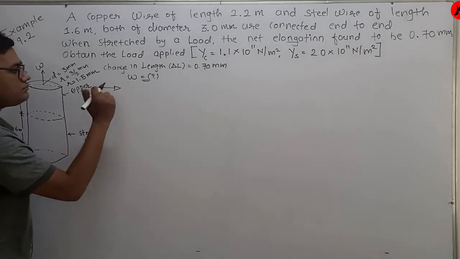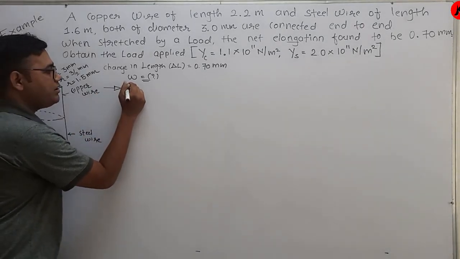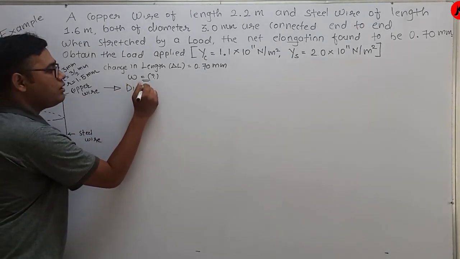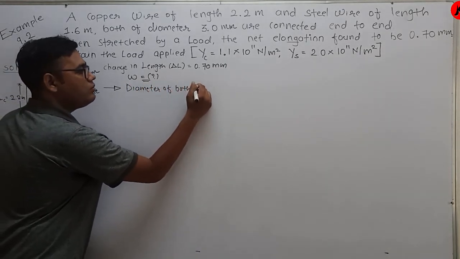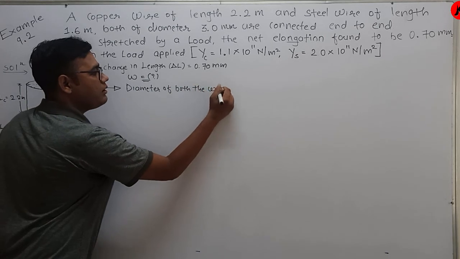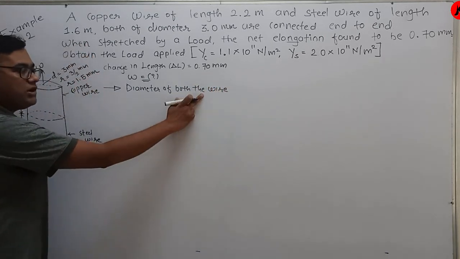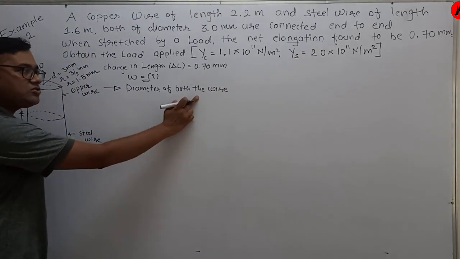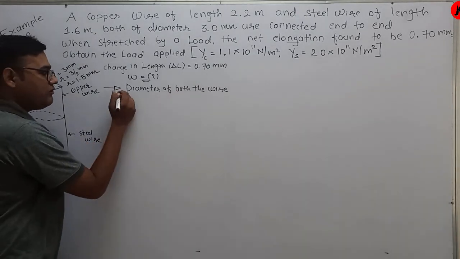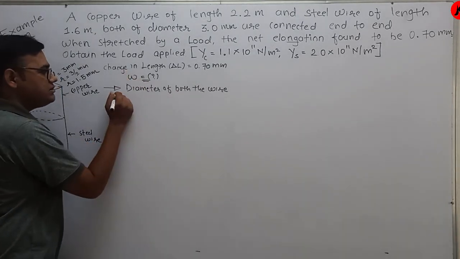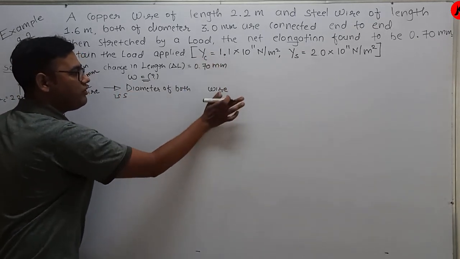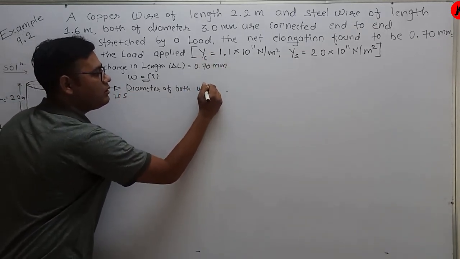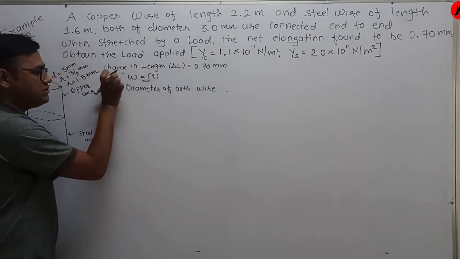Here the diameter of both the wires, meaning steel wire as well as copper wire, is the same.